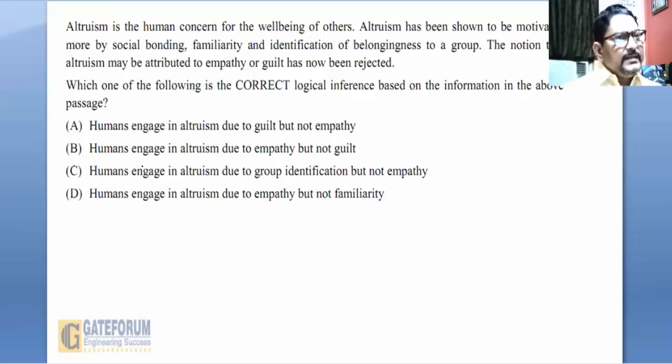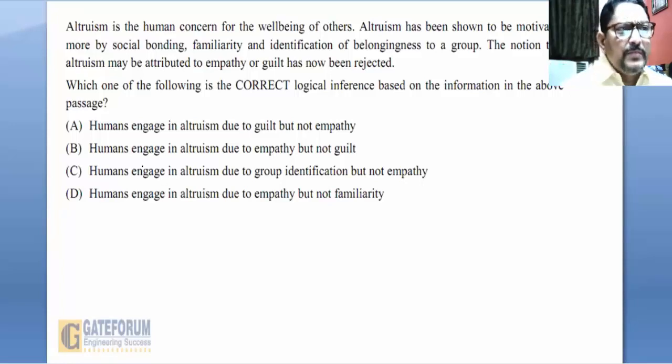I am sure, ladies and gentlemen, you understand the fact that in any critical reasoning question, whatever is said in the passage, even if it practically might not be true, will always be true for us as long as we are solving that critical reasoning.